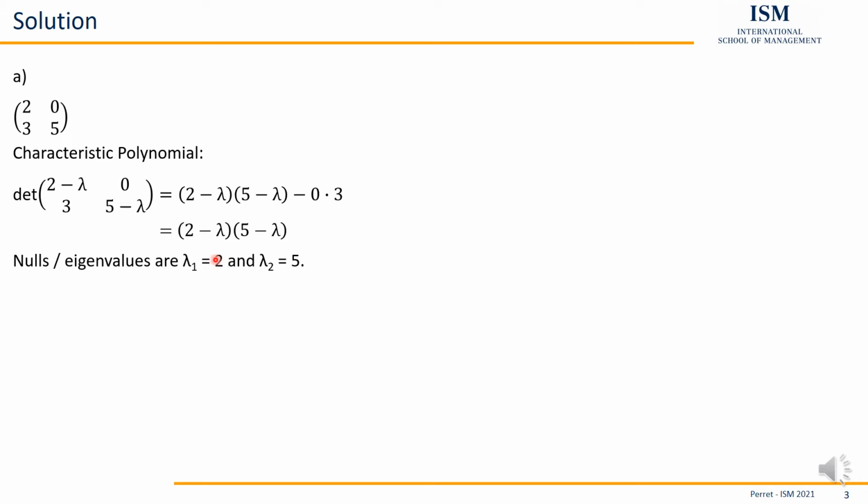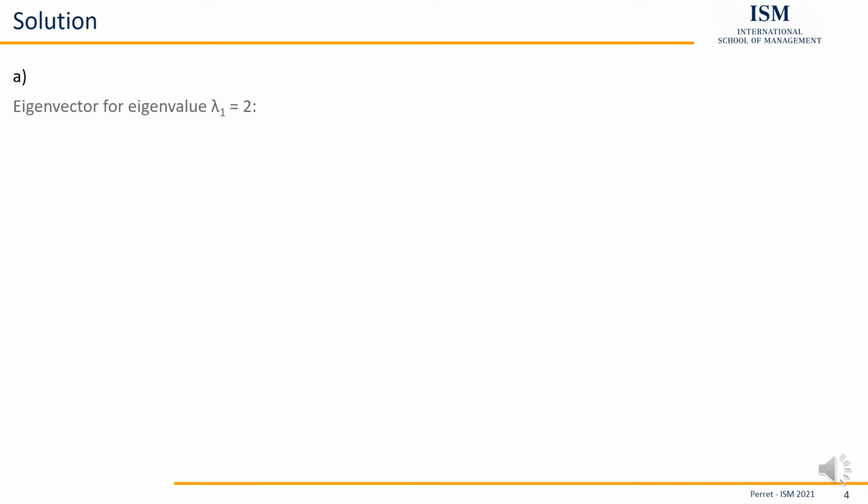Here we do this for each of the eigenvalues separately. So we start with the first eigenvalue of 2. Here we get the eigenvector for the eigenvalue 2. We do this by taking the matrix, and from the diagonals where before we subtracted lambda, for lambda we now use this eigenvalue.